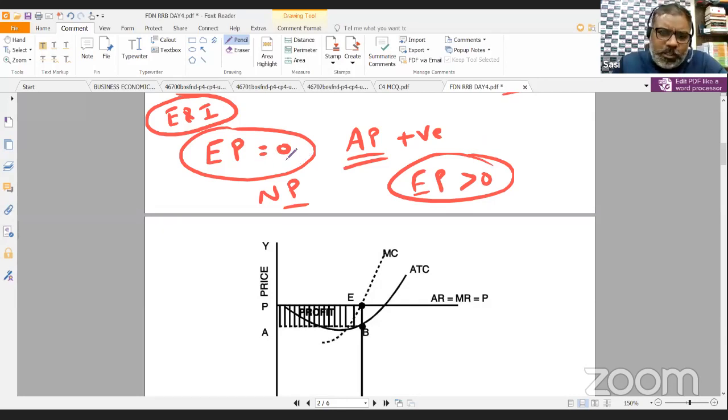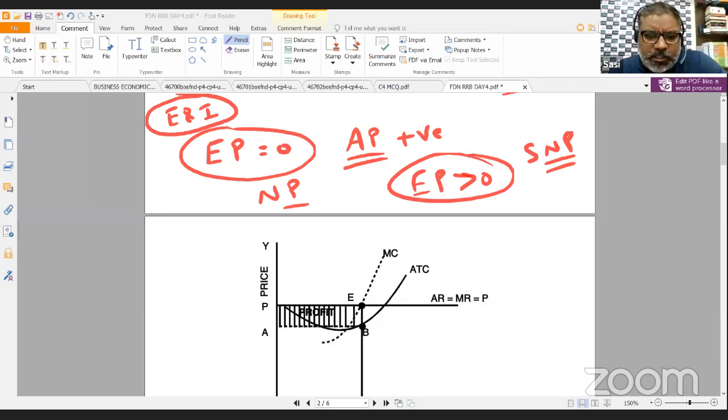When economic profit is zero itself, accounting profit is positive. When economic profit is positive, accounting profit is bound to be positive. Then, if economic profit is greater than zero, that is called supernormal profits, because a firm is able to get over and above its explicit costs as well as implicit costs put together. That is called supernormal profits.